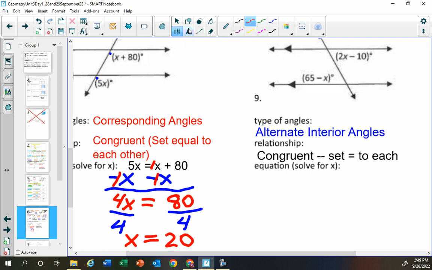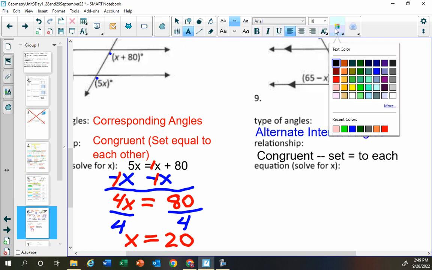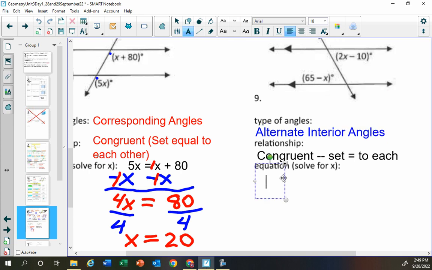Exactly. Then the equation is going to be, you could set it up as 65 minus x equals 2x minus 10. But if you had 2x minus 10 equals 65 minus x, that's right. They're both valid, just as long as you put an equal sign between the two.